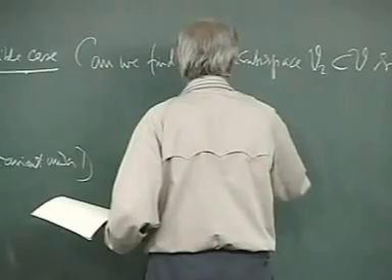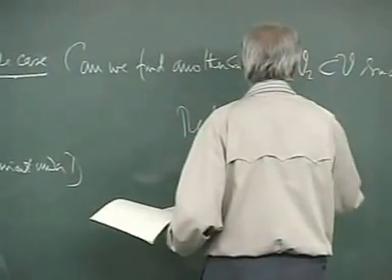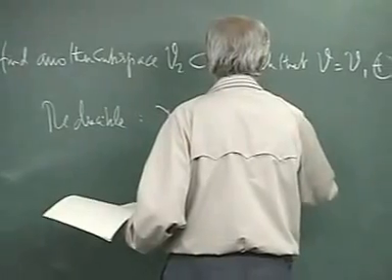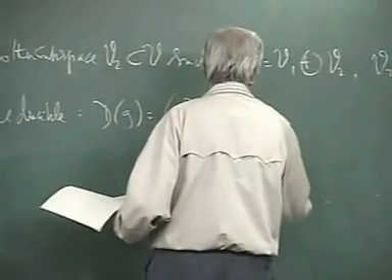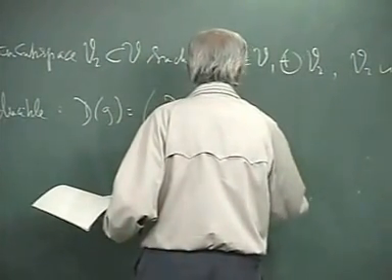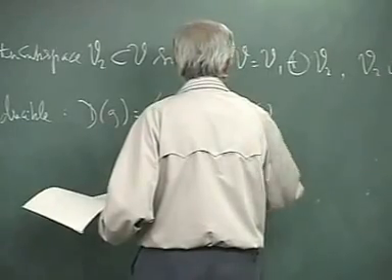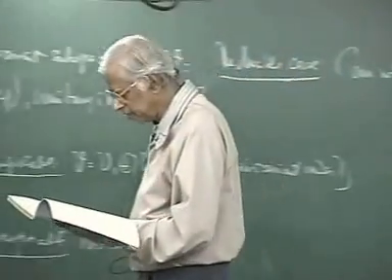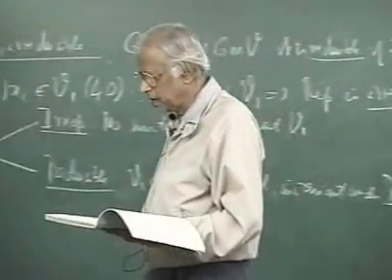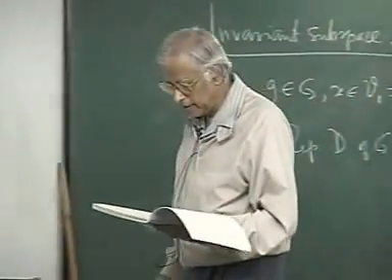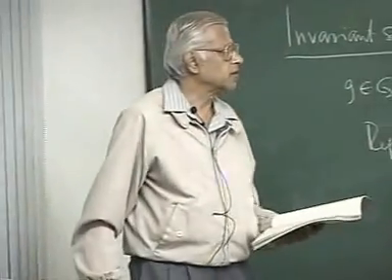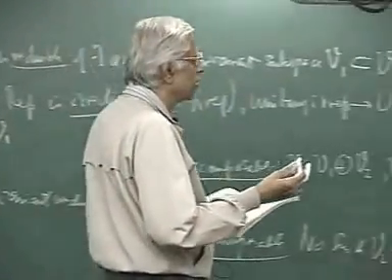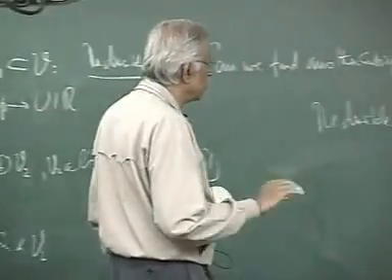The reducible case means that in a suitable basis in the whole vector space, all the representation matrices can be brought to this form, where in the southwest corner there is a 0, rectangular matrix 0.